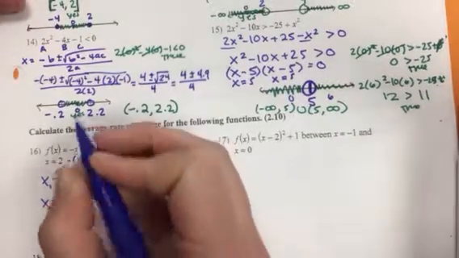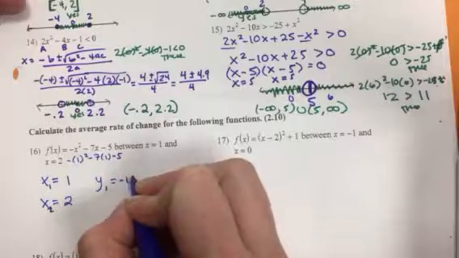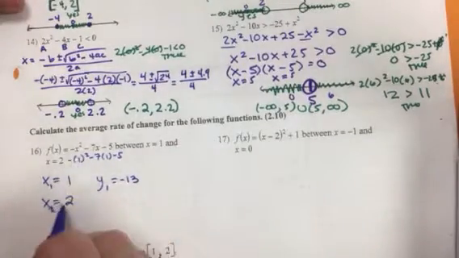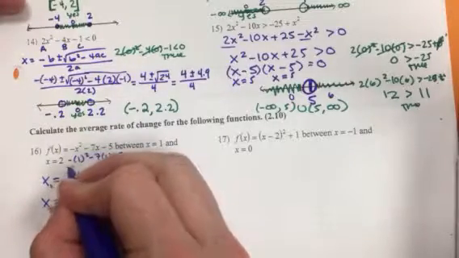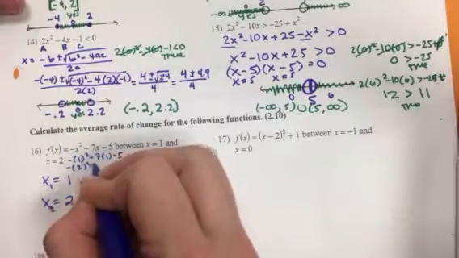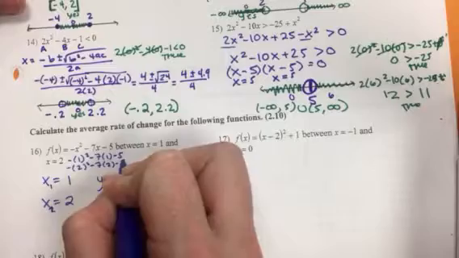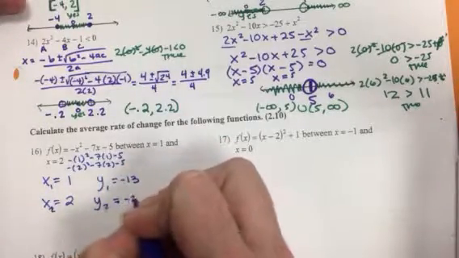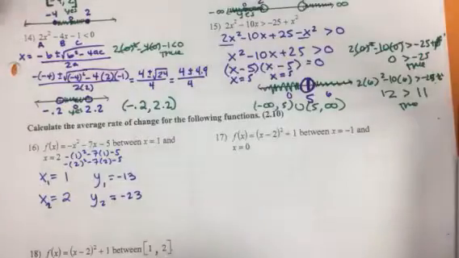And the output is a negative 13. Then I plug in a 2, and our y2 will equal a negative 23.